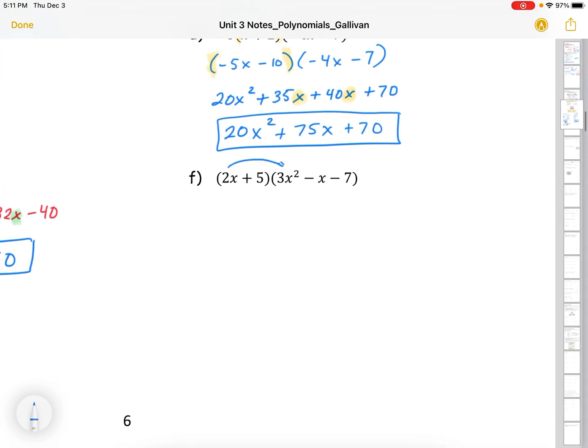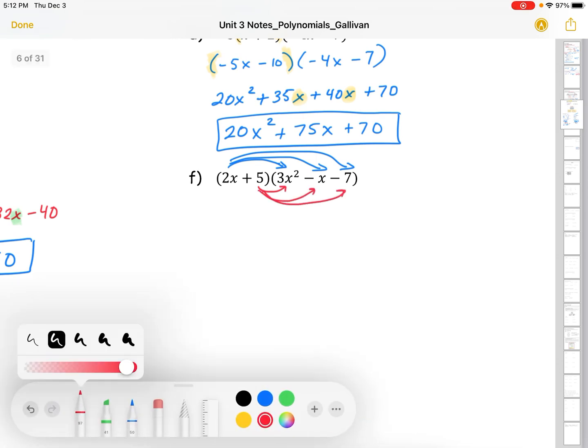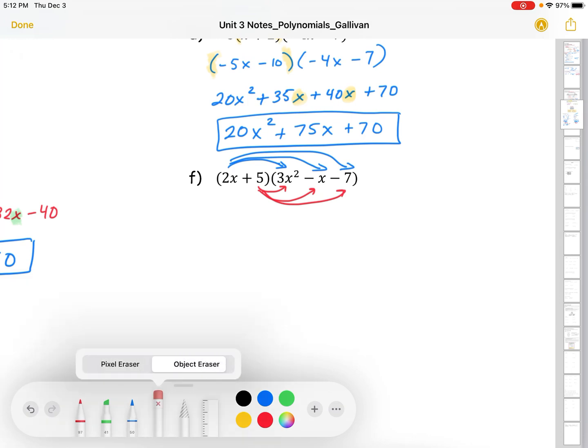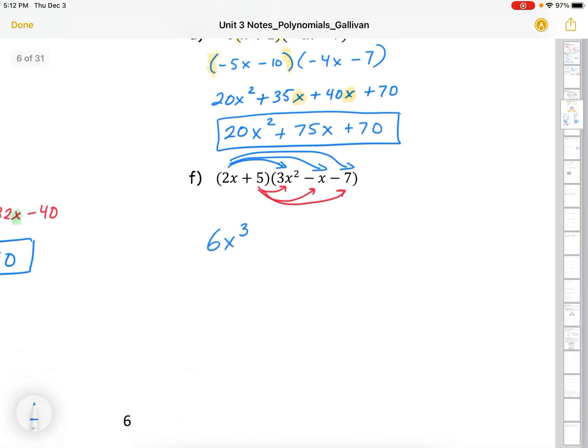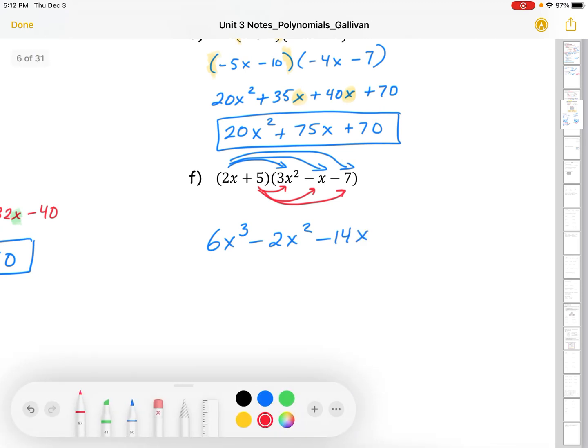Again, we're going to multiply the first term by everything in the brackets. So that's my blue multiplications, and then everything by the second term, which will be my red multiplications. So, blue ones. 2x times 3x squared is 6x cubed. 2x times negative x is negative 2x squared. 2x times negative 7 is negative 14x.